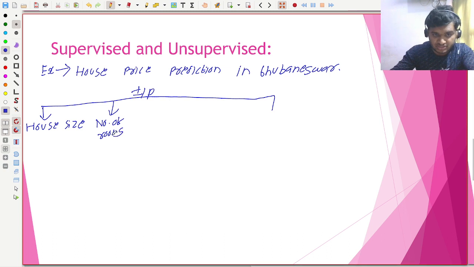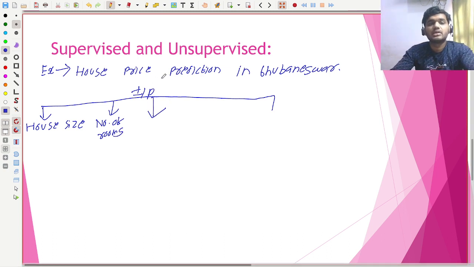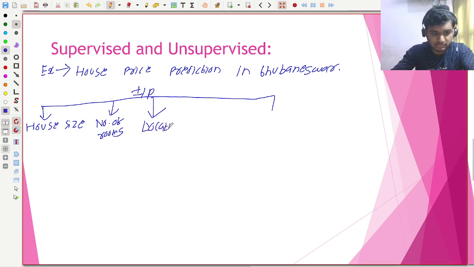These are the features, and these features are used to predict the price of the house. After that, location also matters.